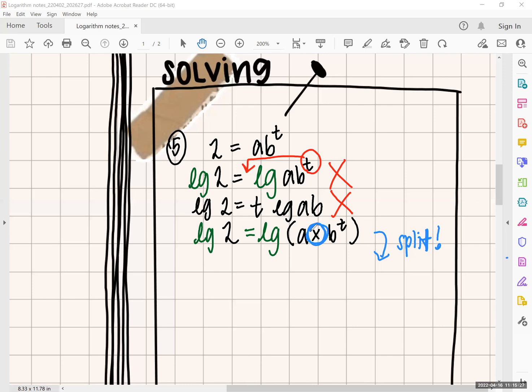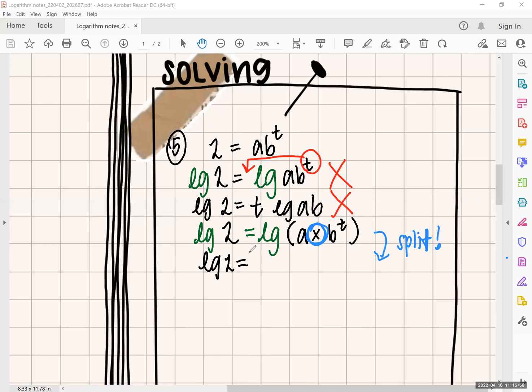Okay, and then we'll do the split. So the split will give me log 2 is equal to, how do we do the split? What do we get? Can you write log 2 like that, or do you need to write log? You can write lg 2 like that. lg means log to the base of 10.